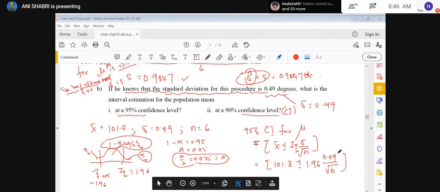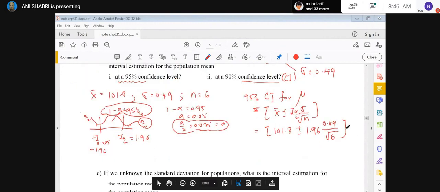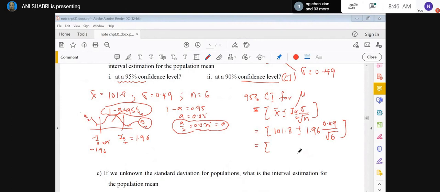Okay, try calculate. The one in front is the smallest and the one at the back is the largest. Yang depan, berapa nilai dia?